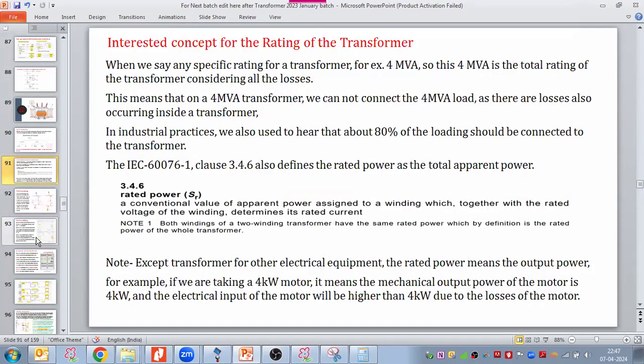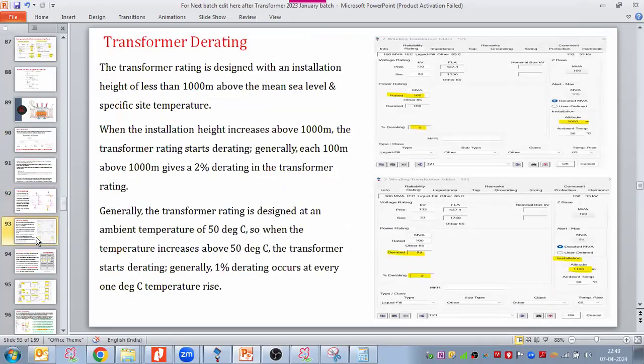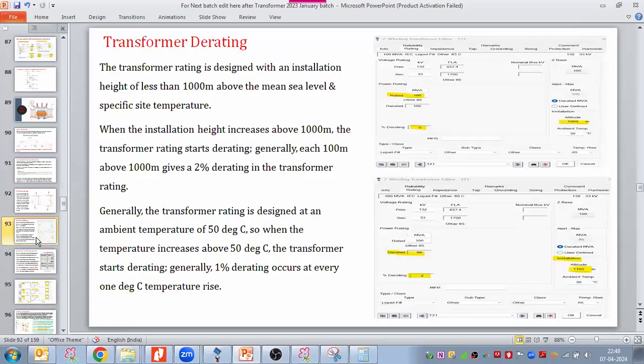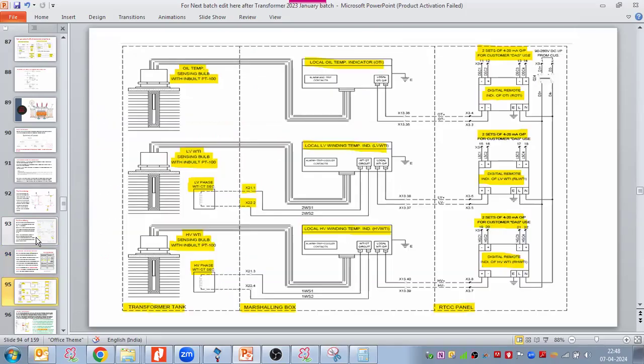The losses concept we extended to the rating of the transformer, and then to how much loading we can do on the transformer, and the derating of the transformer. Then we extended this concept: since losses generate heat, this heat should be sensed, and for that we are using the temperature indicators.